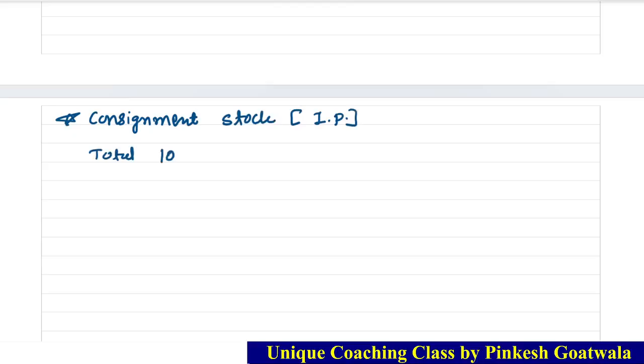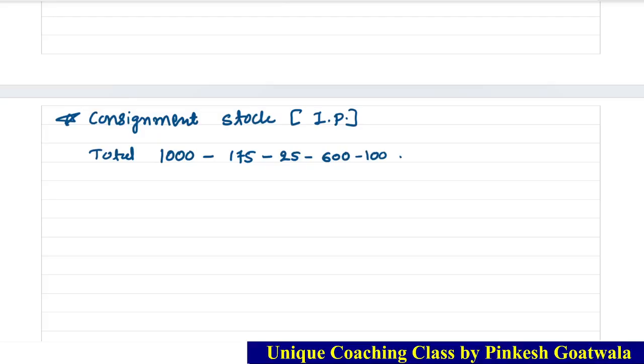So let's do that calculation. The consignment stock. And remember I told you it is always calculated on invoice price. Okay, so total 1000 clock હતા. ઓકે, એમાંથી જે સેલ થયા છે તે 175, then 25, then 600 and 100.